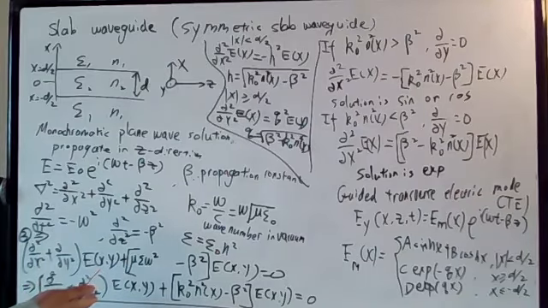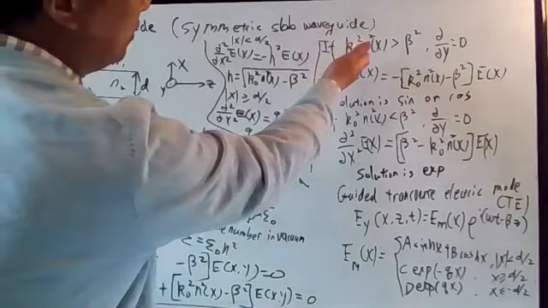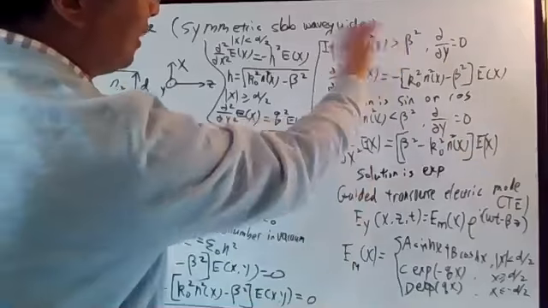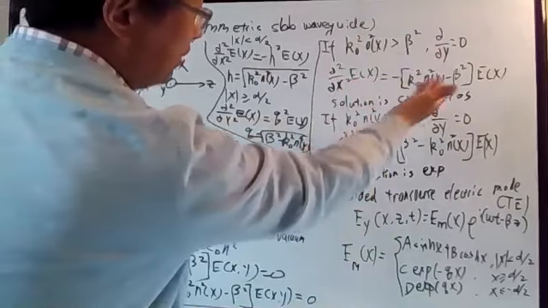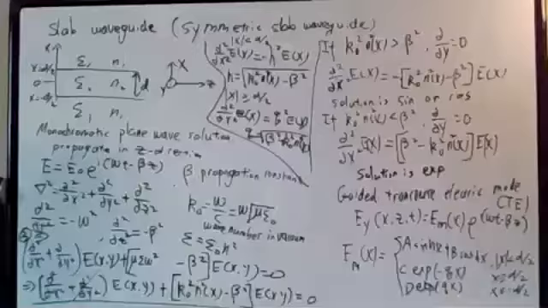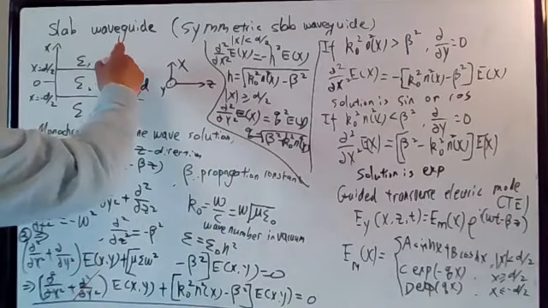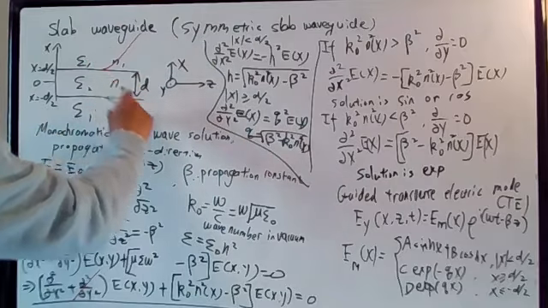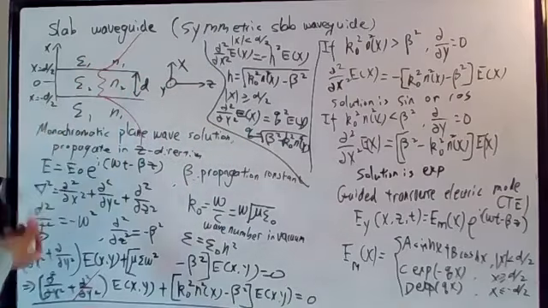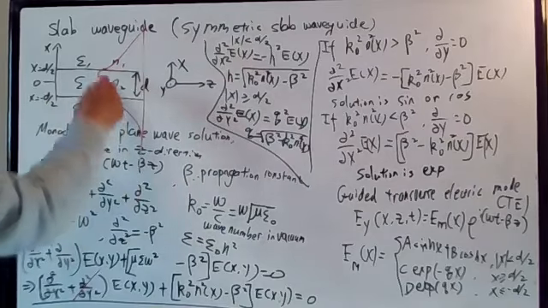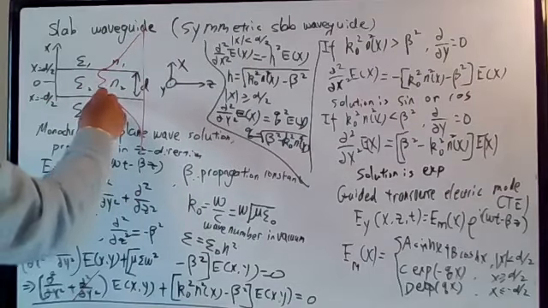Once we have this equation determined, based on k naught squared n squared and beta, which one is bigger, we have a sine or cosine solution or an exponential. So in this case, we will have whatever solution is in the middle, and then we have decay outside.